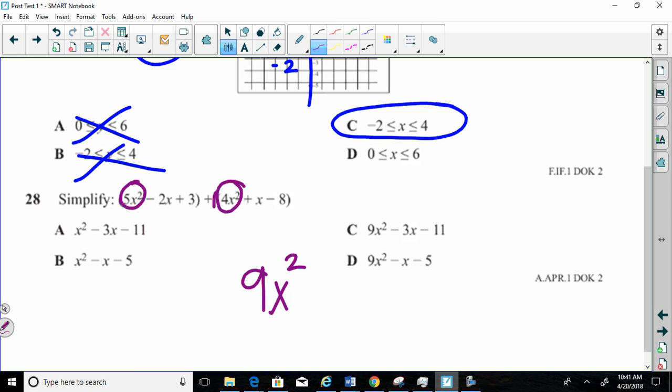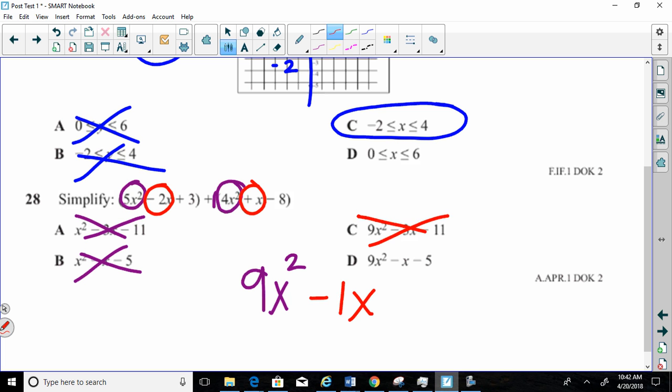So already, which ones can we eliminate? A and B. Then next is -2x plus 1x, -1x. So at this point, we know it's not -3. And so every math error that can be done is an answer choice, as you can see. So just be careful with your math. Does that make sense?